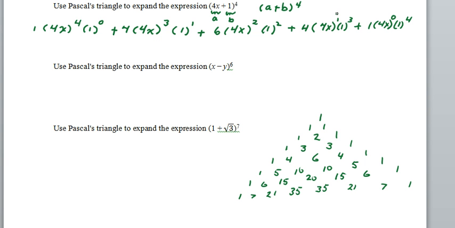The first term in the expansion we actually call the 0th term because the power on the b is 0. So 4 to the fourth is 256. So we get 256x to the fourth as the first term.